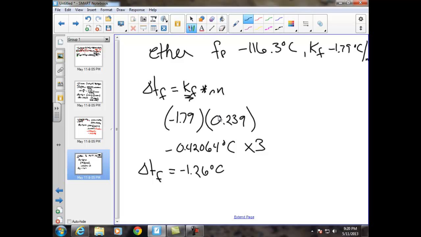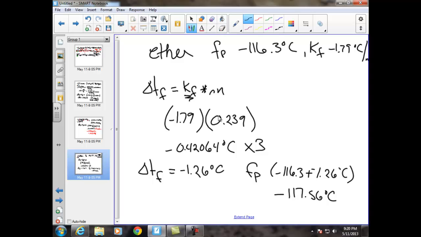Now that's my temperature change, the ΔT_f. That's not my new freezing point. My freezing point is my starting point, which is negative 116.3 in this case, plus the negative 1.26, for a grand total of negative 117.56 degrees Celsius.